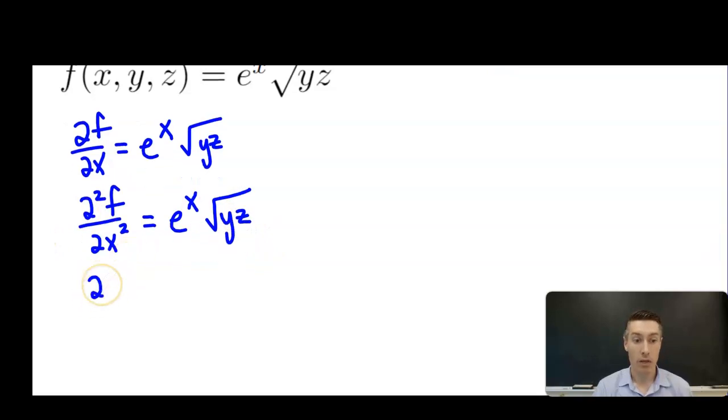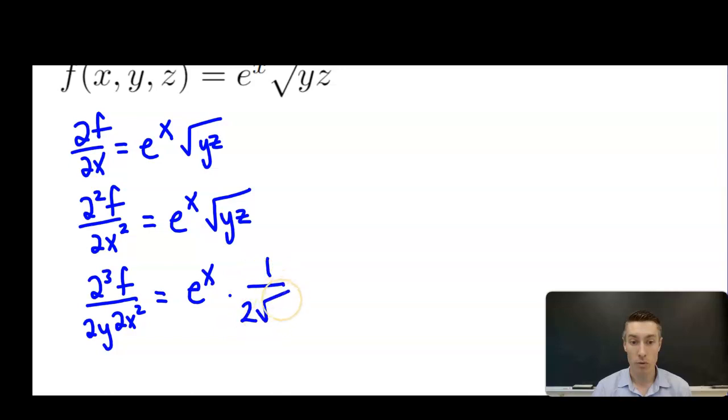And then the third order partial of the function with respect to y now is going to be e to the x times the partial of the square root of yz, so that's 1 over 2 square root of yz, times the derivative of yz with respect to y, which is z. So cleaning that up, we would get z e to the x over 2 square root of yz.